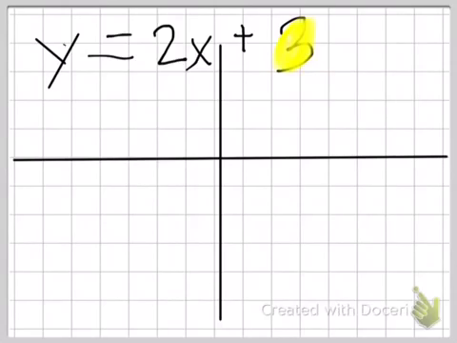Let's see if I can change this color. Yeah, good. Alright. So we start at 0, 0 and go up 1, 2, 3. And then this slope, which is this part, let me see if I can change this color also.